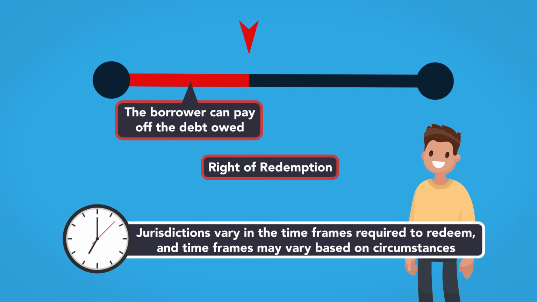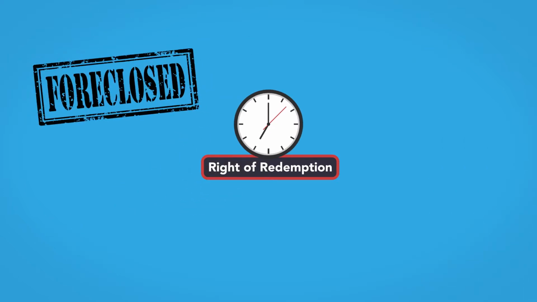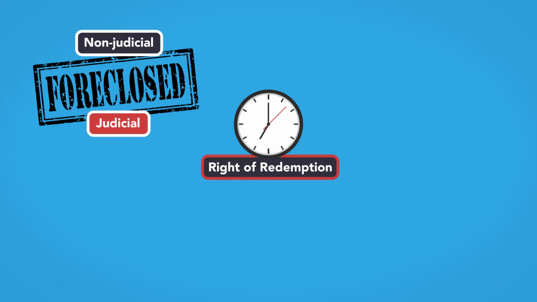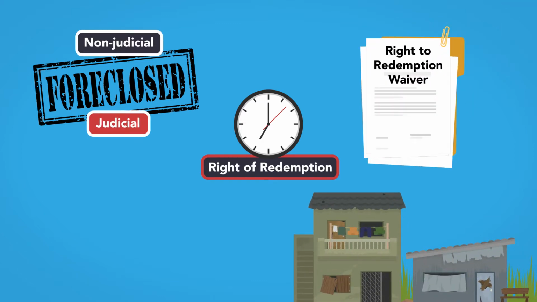Jurisdictions vary in time frames required to redeem, and time frames may also vary based on circumstances. The relevant circumstances may include whether the foreclosure is non-judicial or judicial, whether the property has been abandoned, and whether the right to redemption has been voluntarily waived pursuant to the terms of the mortgage.